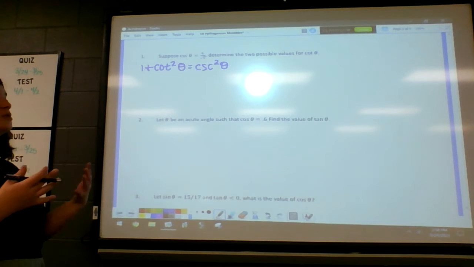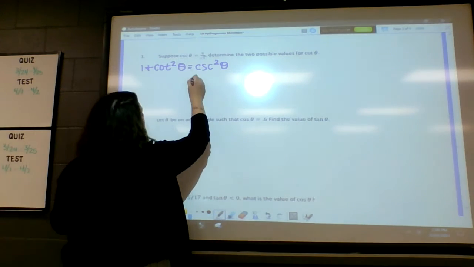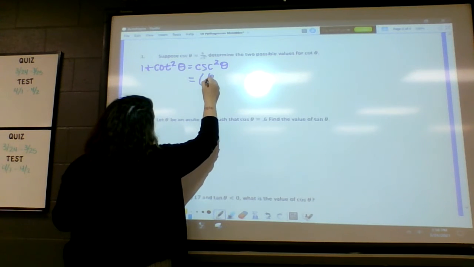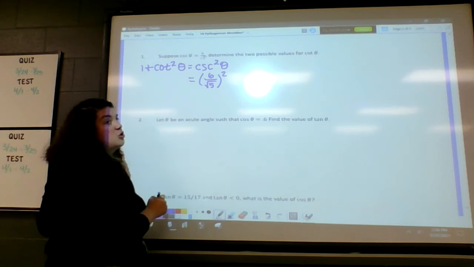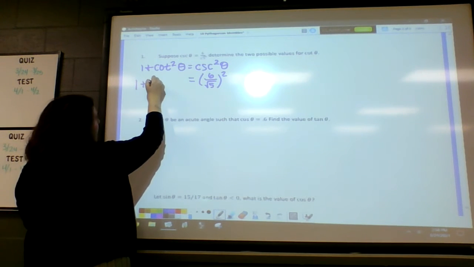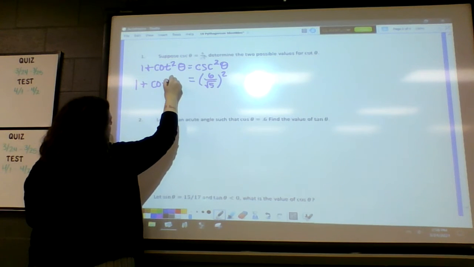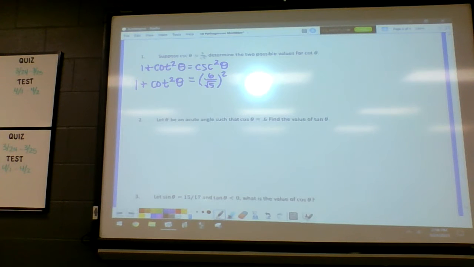And we know the cosecant, and we're trying to find the cotangent, so we're going to plug in those values. So over here, this would be 6 over the square root of 5, and that is being squared because it's a Pythagorean identity. Here you have 1 plus cotangent squared theta.